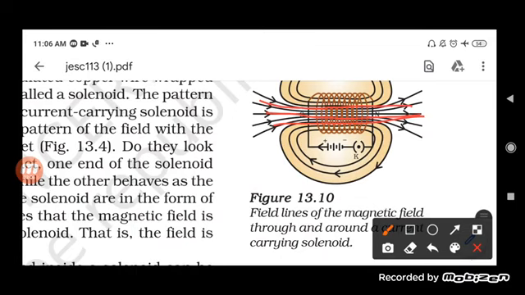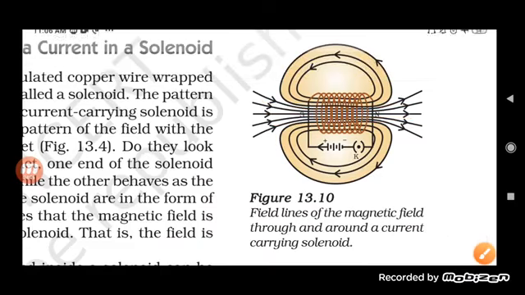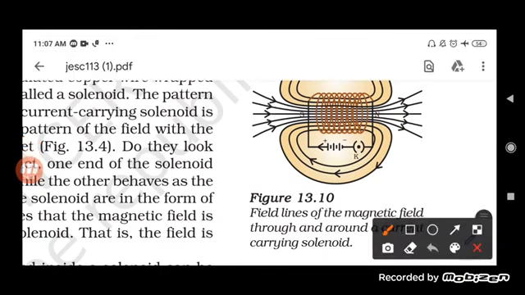It is because of that only that the magnetic field produced here is strong and uniform. When the field enters the solenoid, the lines become very close and parallel to each other, due to which they look straight. That's why they are very strong.